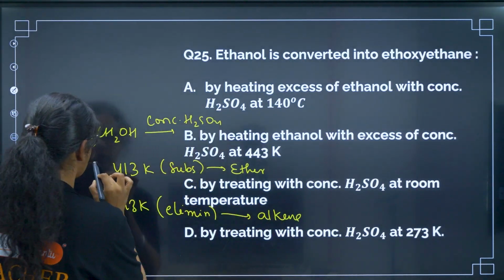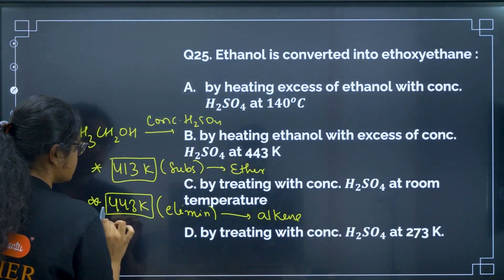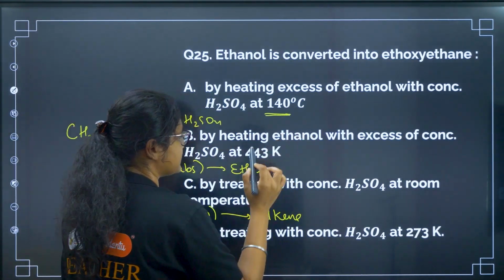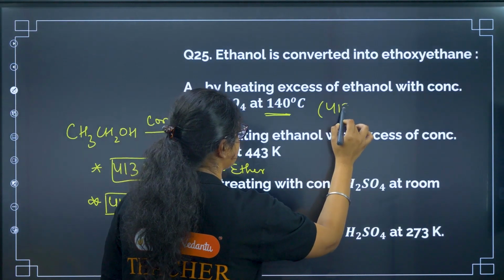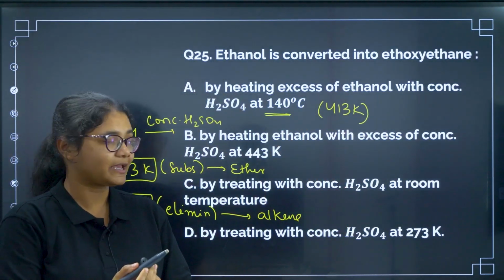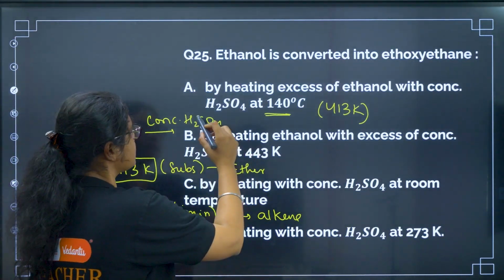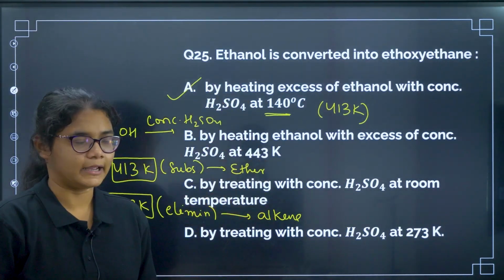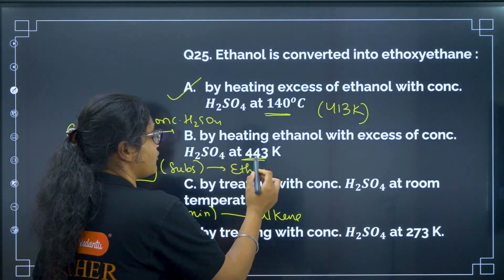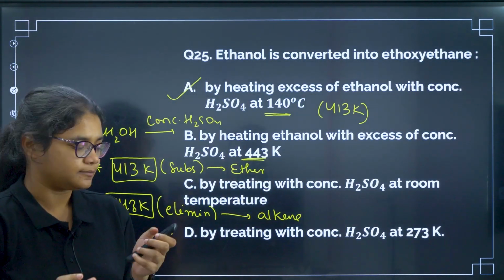So these two are important points. Temperature is a very important factor here. So you see here 140 degrees Celsius is nothing but 413 Kelvin, right? So heating excess of ethanol with concentrated sulfuric acid at 140 degrees Celsius will give you the ether. So the correct answer for this question will be option number A. Now if you do 443 Kelvin, the product will be alkene based on the elimination reaction.